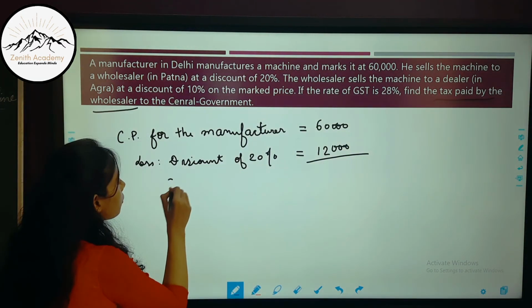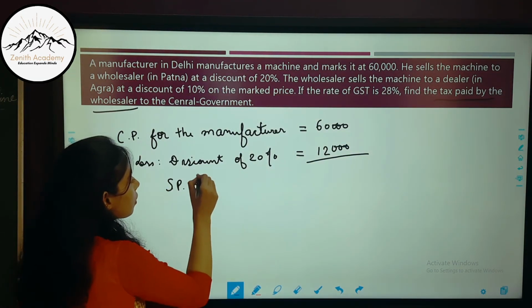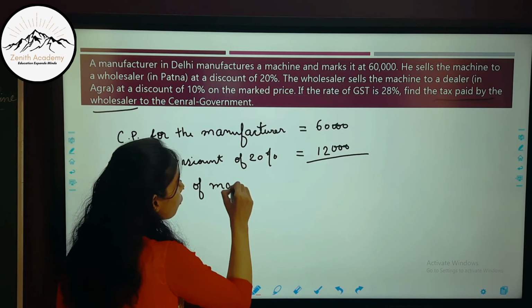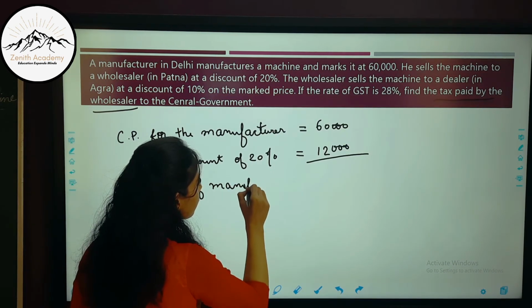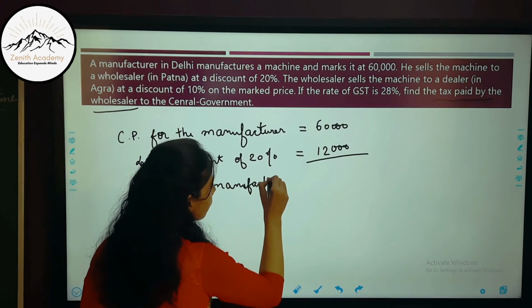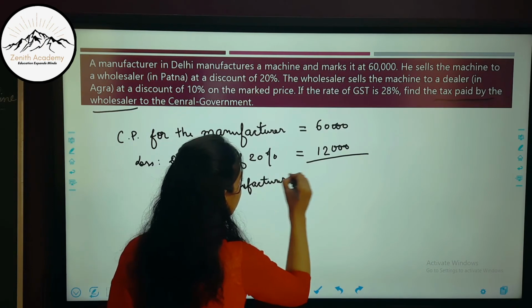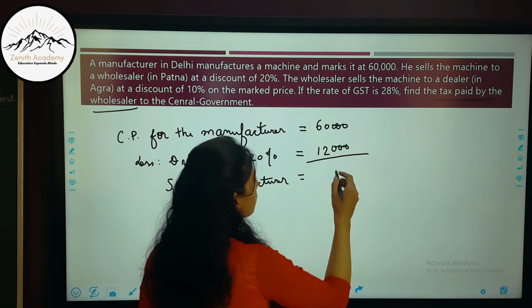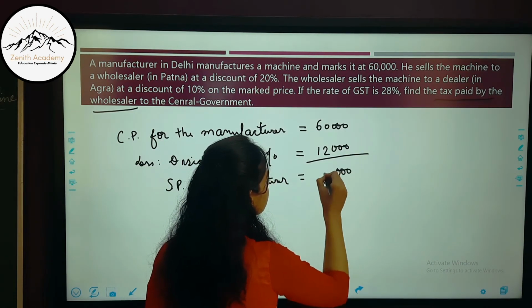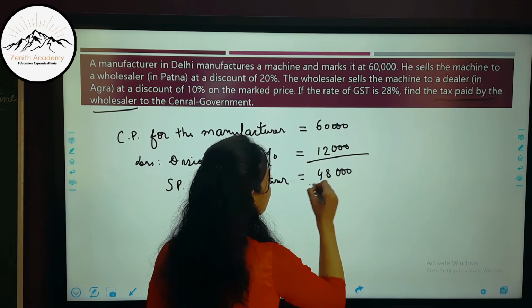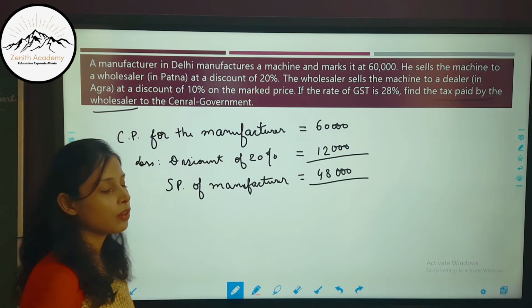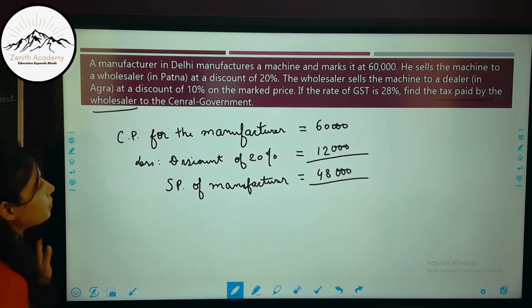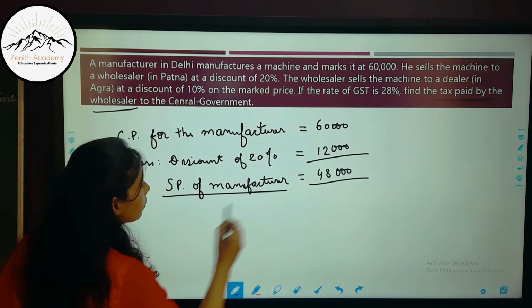So what will be the selling price of the manufacturer? 60,000 minus 12,000, 48,000. Okay. Now, this is the selling price of the manufacturer.